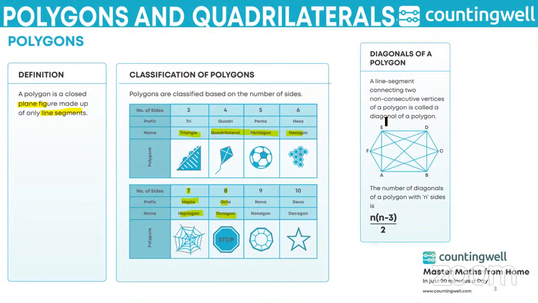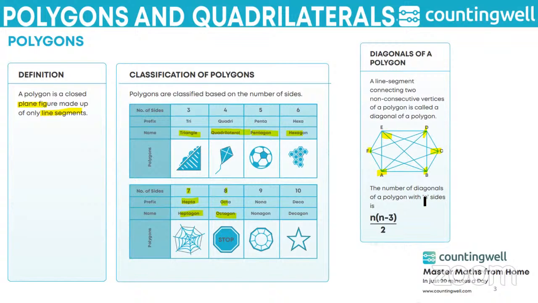You can see the non-consecutive vertices are E, C, A. Then we have F, D, B. Since E and C are non-consecutive, if we draw a line segment connecting these 2 points, then we get a diagonal of that polygon E, D, C, B, A, F.